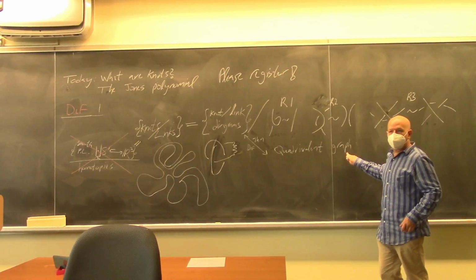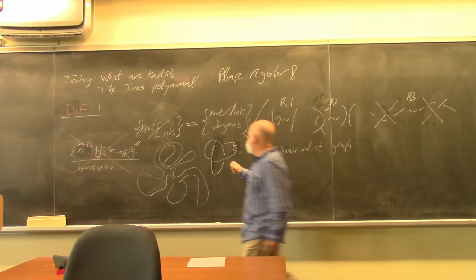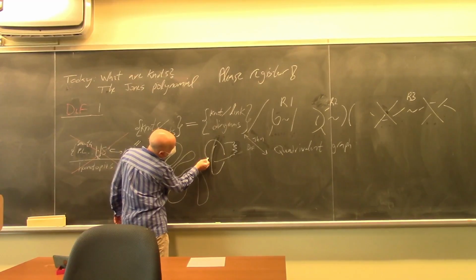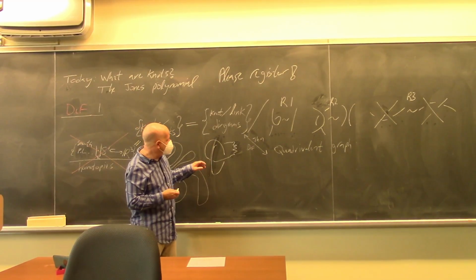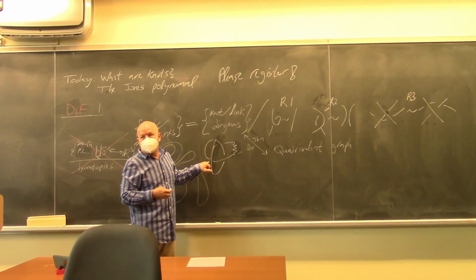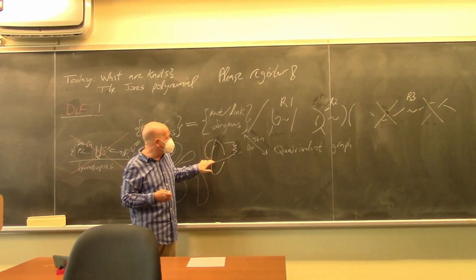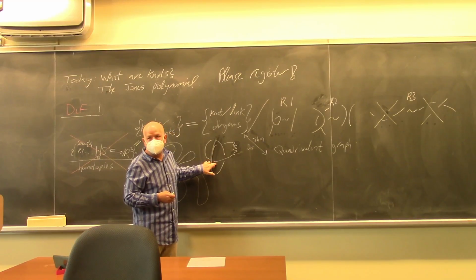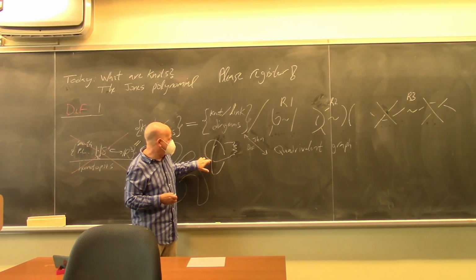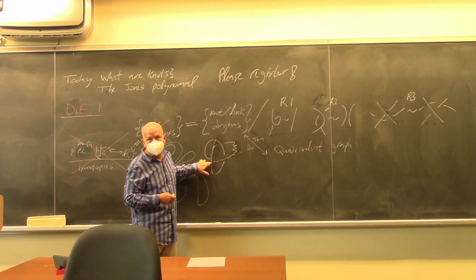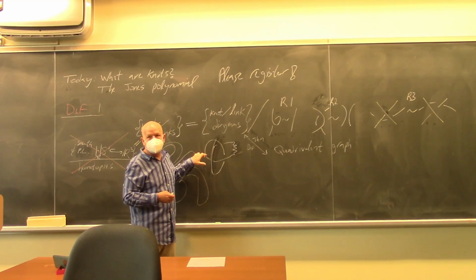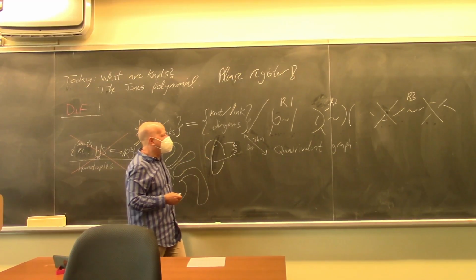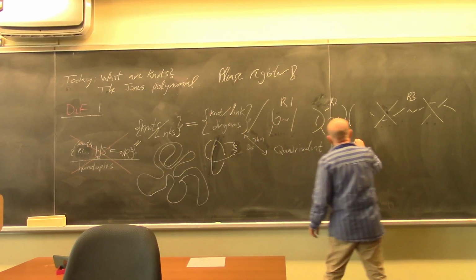Why quadrivalent graph? Because the vertices are the crossings. I'm thinking of it as the graph you see here when you project. So the vertices are the crossings, and each crossing is a vertex of valency 4, right? Because 4 edges emanate from each crossing. Okay? Now, what do I have to say about this graph?